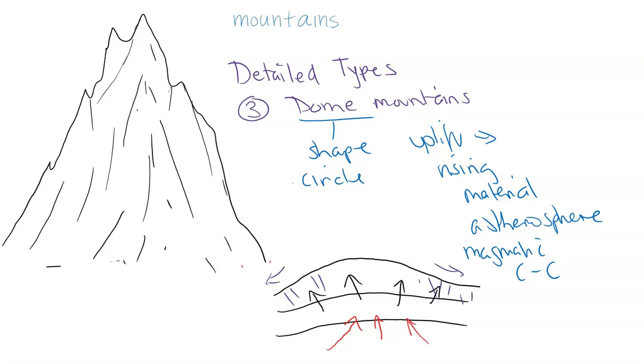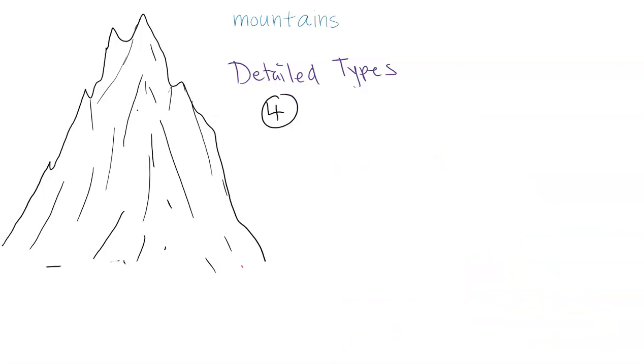So you're going to have this increase in elevation, but have some faults, not so much thrust faults, but normal faults going to happen right here with the stretching as well on this dome mountain. And the example could be in East Africa with the Ethiopian highlands as well. All right, on to the 4th type.